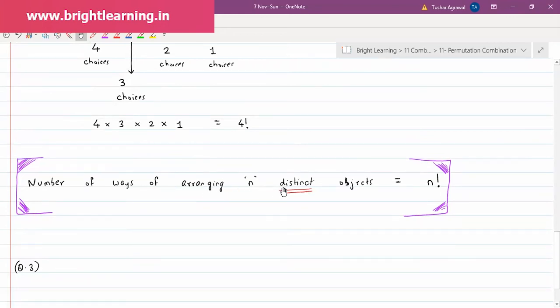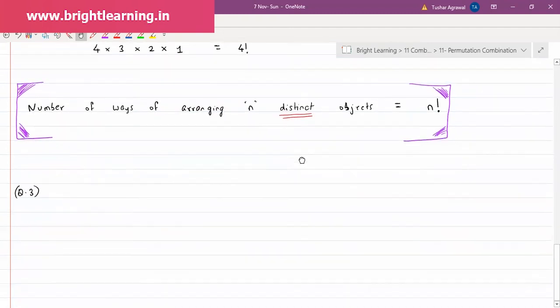The number of ways of arranging n distinct objects is equal to n factorial, in n places, and also write without repetition.